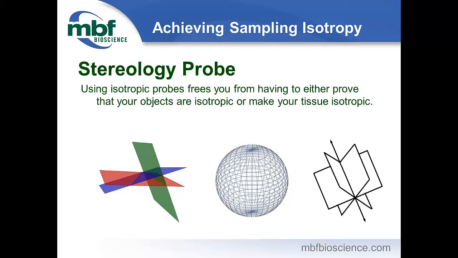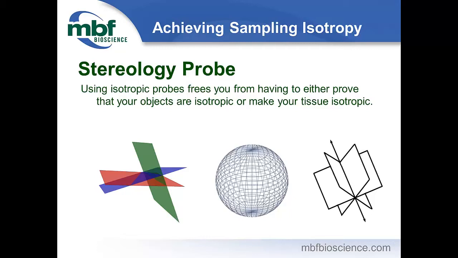I've noticed from reading the lung literature that many times thin sections are used, and so we are going to show you how to do these probes on thin sections. We're also going to show you how to do them on thick sections, where you can use the probe itself to be isotropic. So we're going to show you an example of how to estimate surface in the lung on both a thin or a thick section.